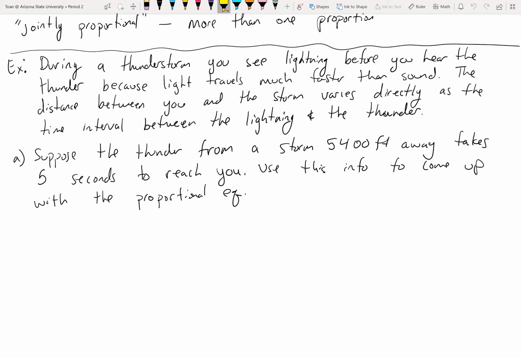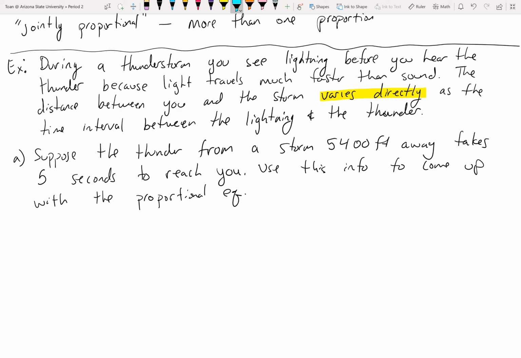So the first thing you want to do is read the problem and look for those trigger words. Varies directly, varies inversely, inversely proportional, directly proportional. And I hope we can find that the trigger word is right here. Varies directly, right? Next, we have to figure out what is varying with what. It's usually going to be before the trigger word and after the trigger word.